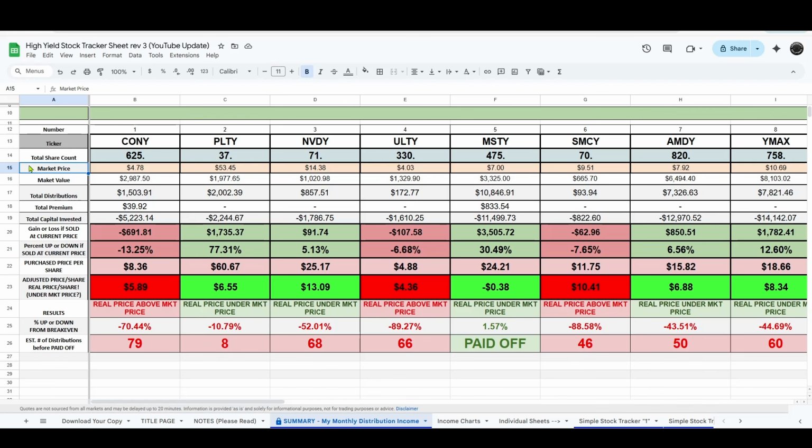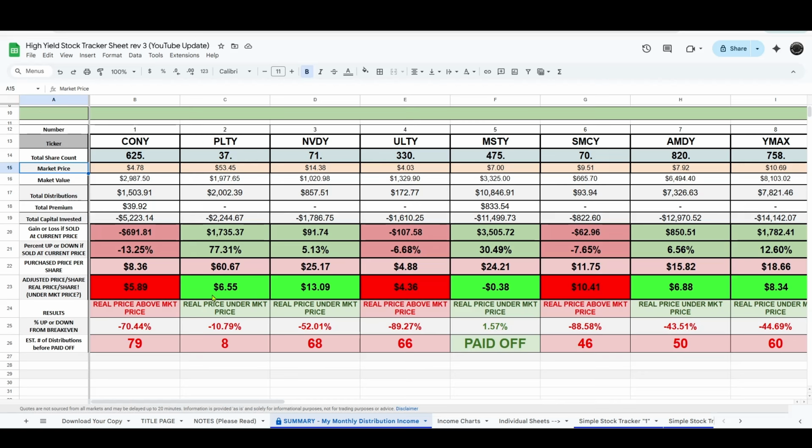And since the actual market price is under that average purchase price, without knowing my real price per share, and just knowing that my purchase average is $60 and the market price is $53, it looks like if I buy more shares, I am going to average my purchase price down. And yes, I will, but I would be raising that adjusted price per share and wouldn't even know it if I'm not calculating that number.